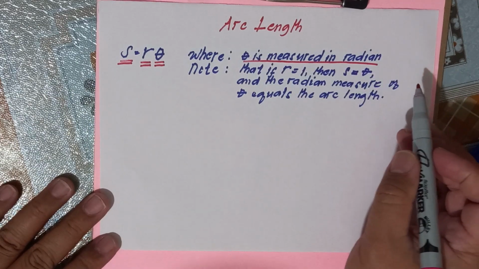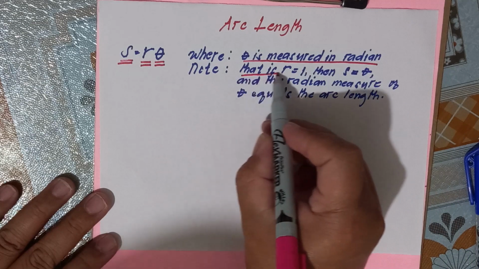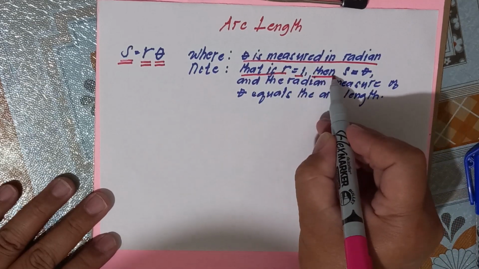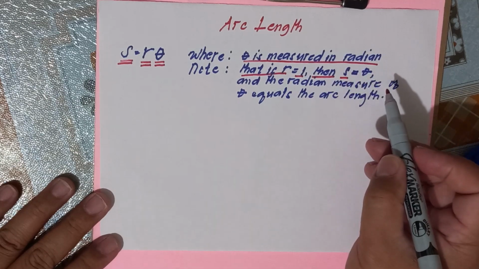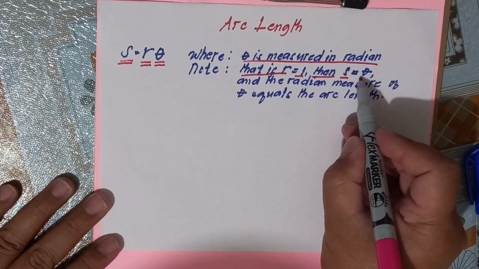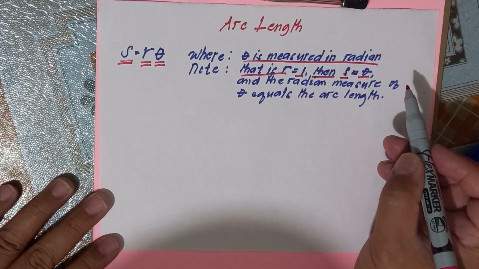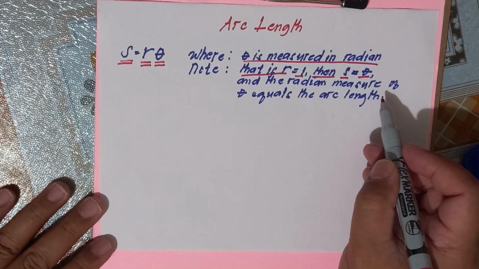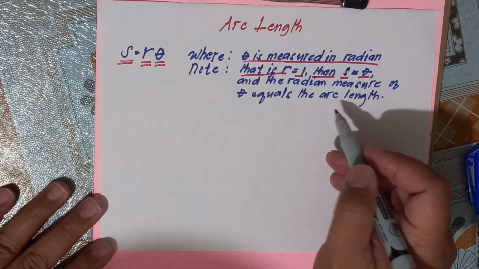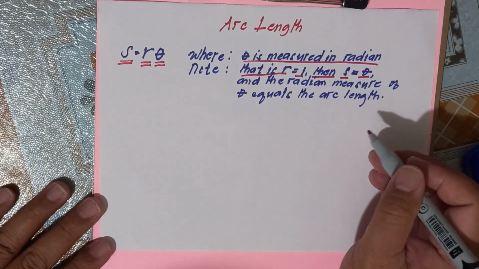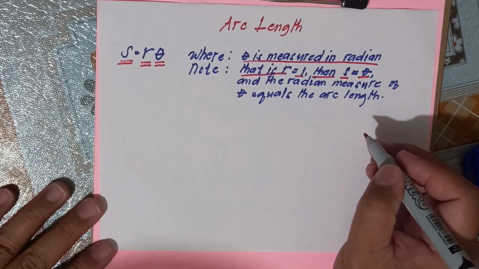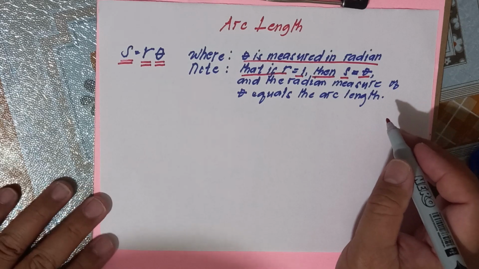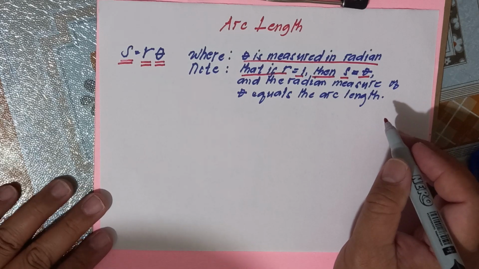Now note that if the radius is equal to 1, the length of the arc is equal to angle theta, and the radian measure of theta equals the arc length. To elaborate this one, we might as well give an example.